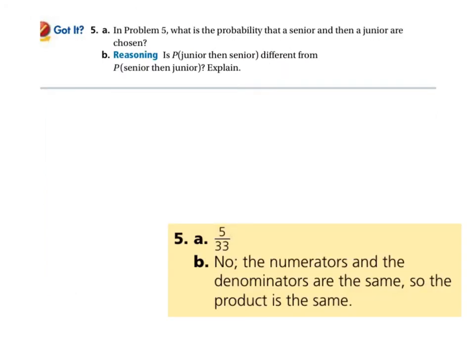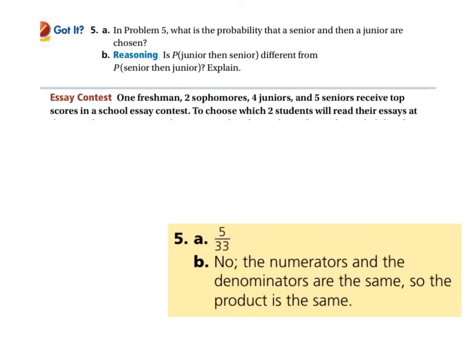Alrighty, so this time, it says in problem 5, what is the probability that a senior then a junior are chosen? So if we take just a second here, I'm going to pop in that information from that section real quick. There we go, in case you couldn't remember it. So again, there is 1, 2, 3, 4, 5, 6, 7, 12, right? Yep, 12 people. So we're not going to replace them. So first time 12, second time 11, because we don't replace them.